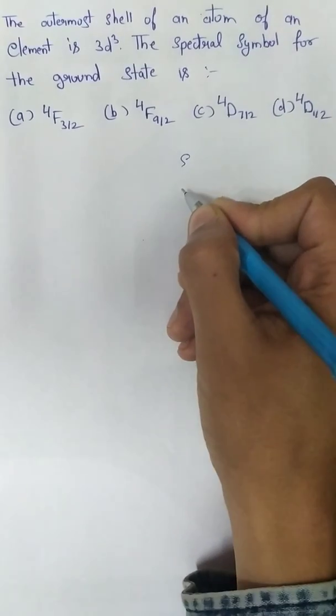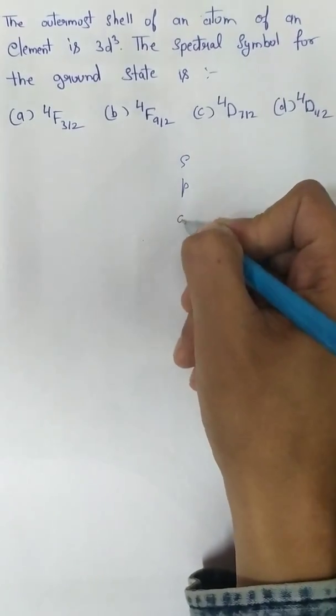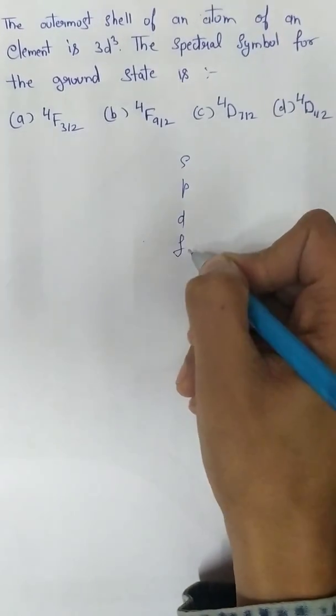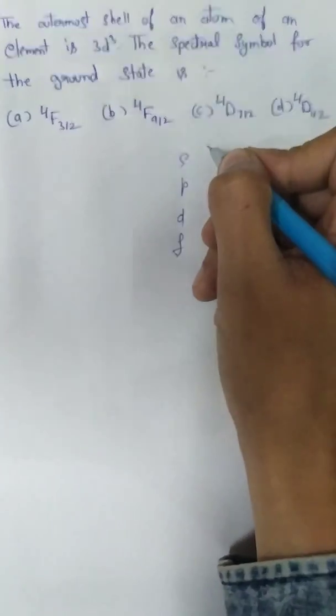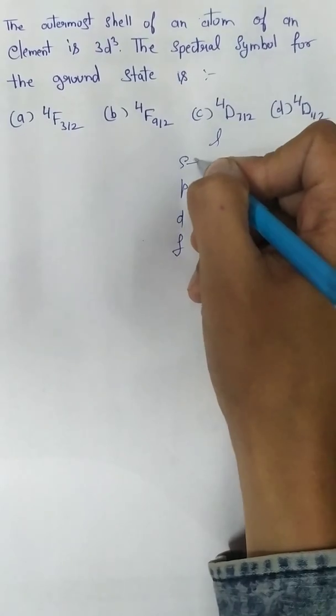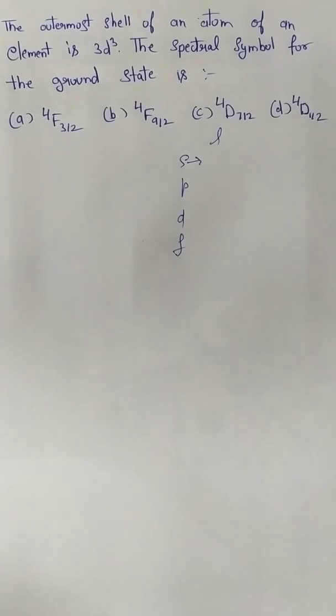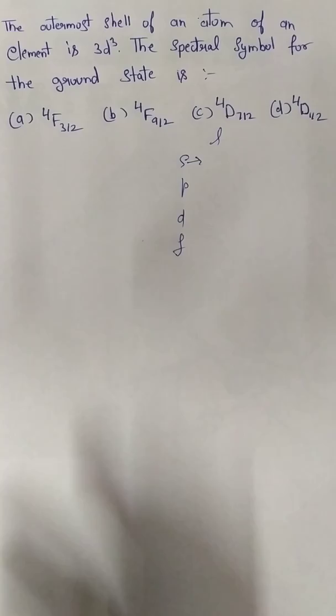There are different subshells like the S subshell, P subshell, D subshell, F subshell, G subshell, H subshell, and so on. All these subshells have different L values. What is L? L is the orbital angular momentum, or you can say the azimuthal quantum number, that represents different subshells.